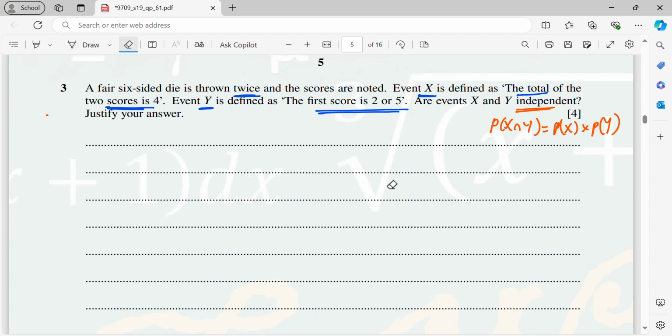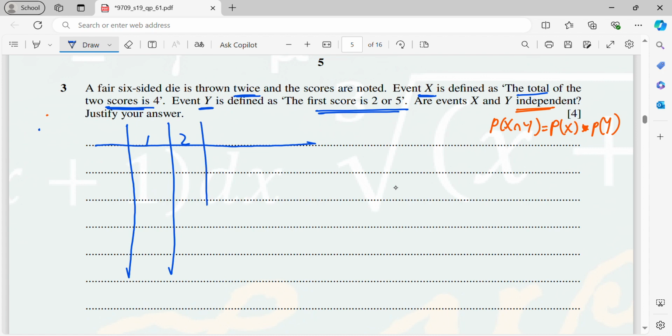Okay, that is the independent events definition, P(X) times P(Y). Okay, therefore from here, I need to build a table. Probably I just draw a table. So here will be 1, 2, 3, 4, 5, 6.